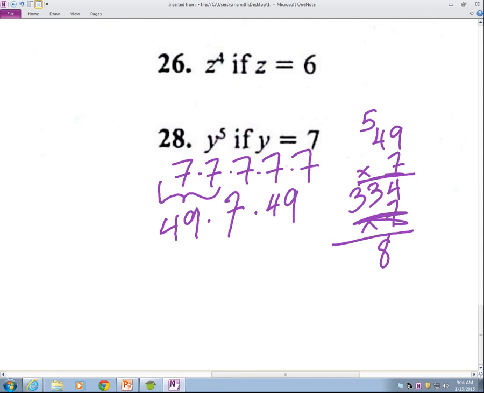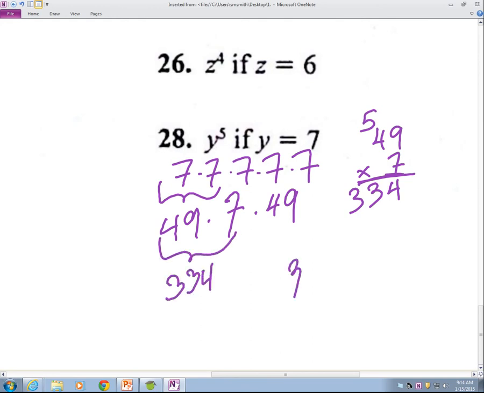I want to move this over, actually. So 49 times 7 is 343. Sorry about that bad handwriting, I'm tall.